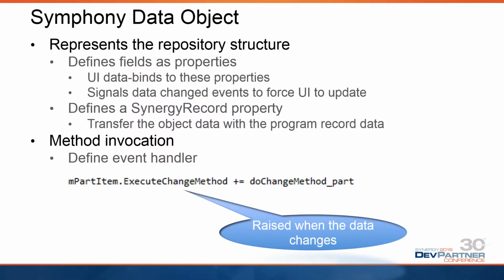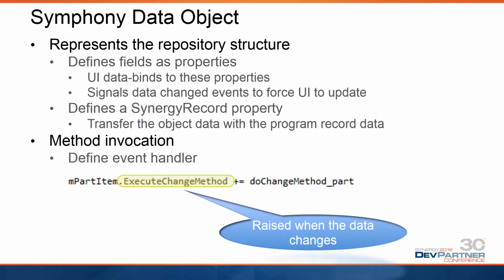Okay, we're back to this again, the Symphony data object. This slide looks pretty similar, the top half anyway. We also have an event handler on there called execute change method. Now you may not recognize this code. This is very C#-ish, but essentially it's the equivalent of add handler in Synergy syntax. And basically, if you have registered a change method in the repository and code generated your data object, it knows about that change method, the name of that change method.